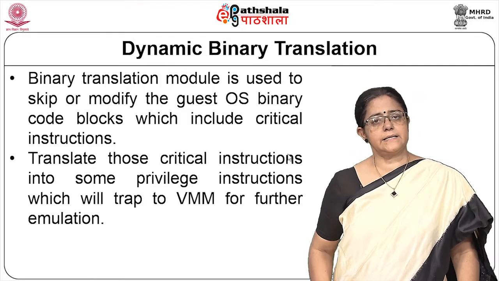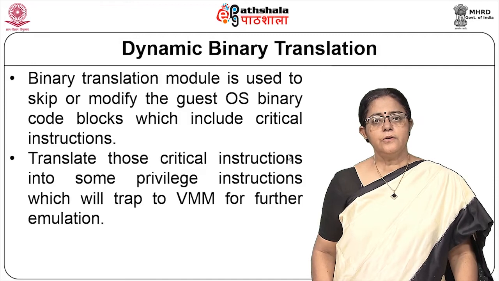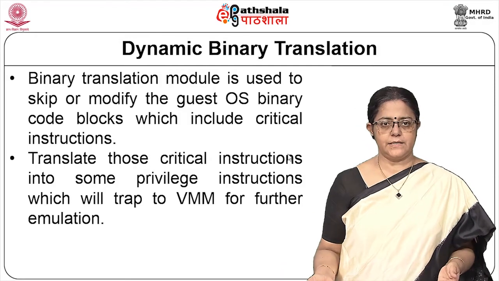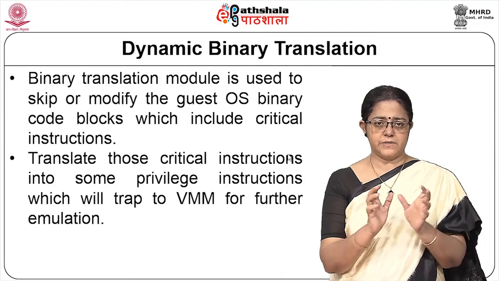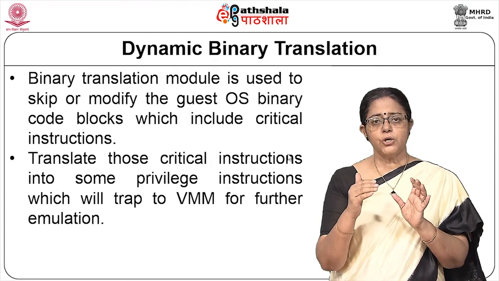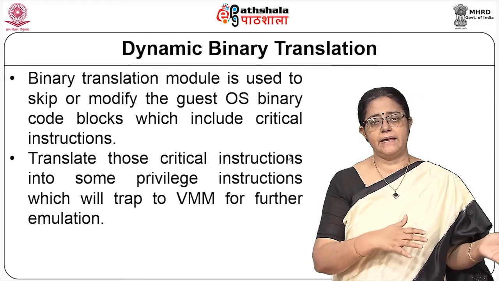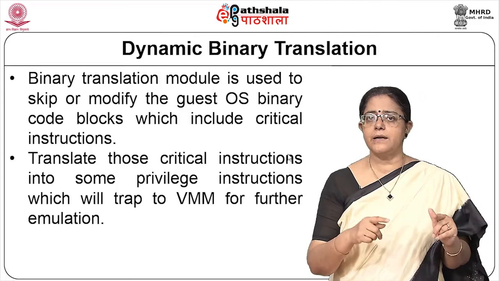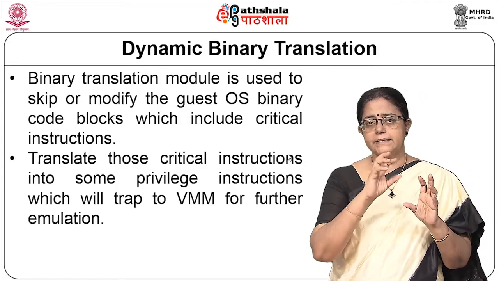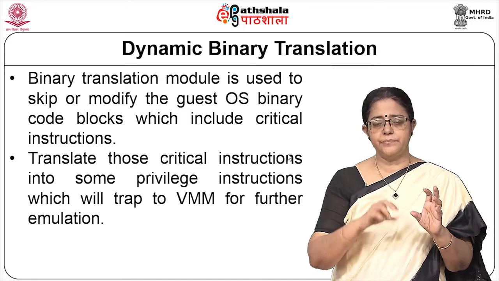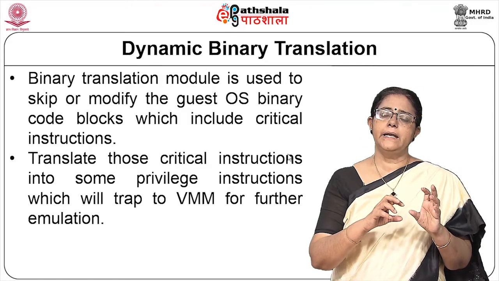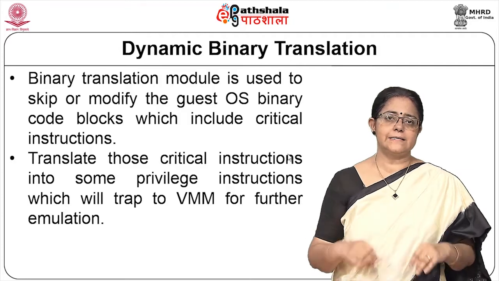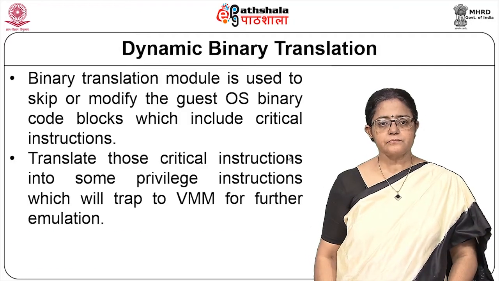These critical instructions will be converted to what is known as a privileged instruction. There is a set of sensitive instructions which will behave differently when they are running in user mode and kernel mode. When they are trying to run in the kernel mode, we translate them to something that will always necessarily trap to the VMM.